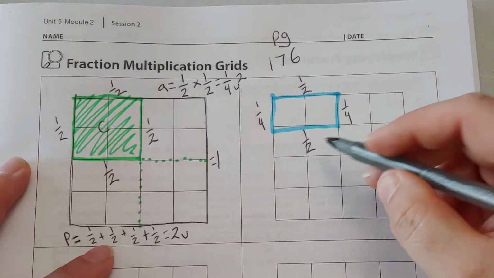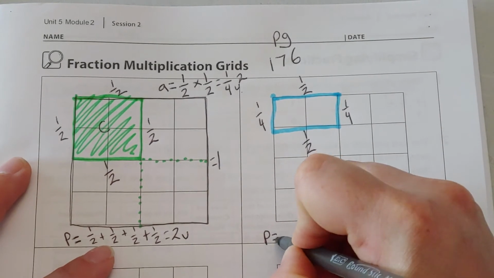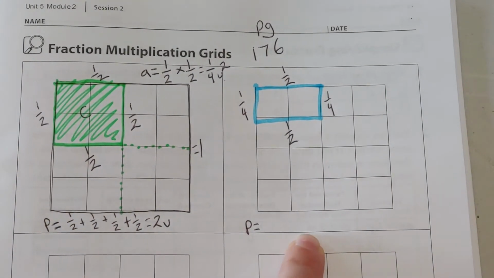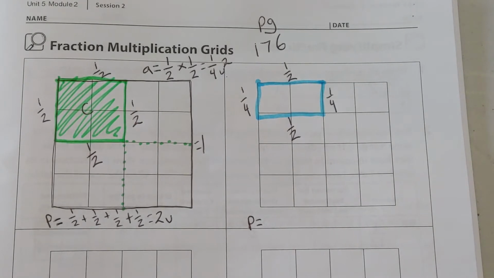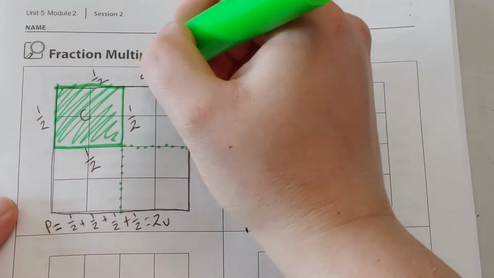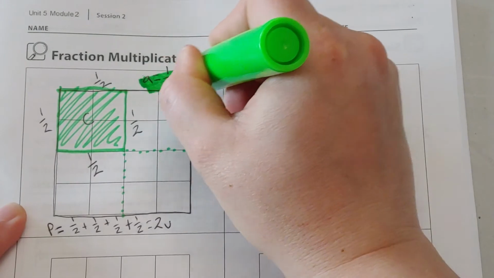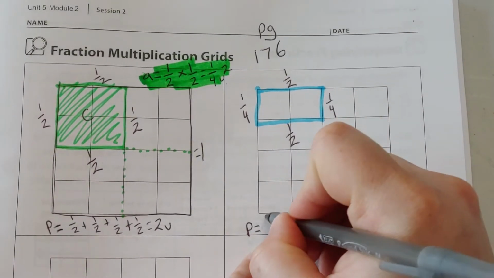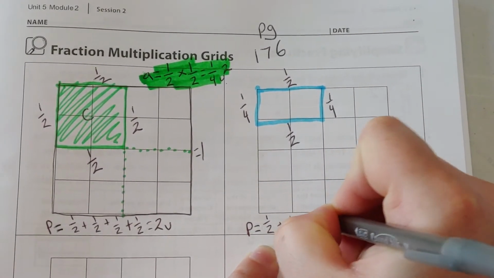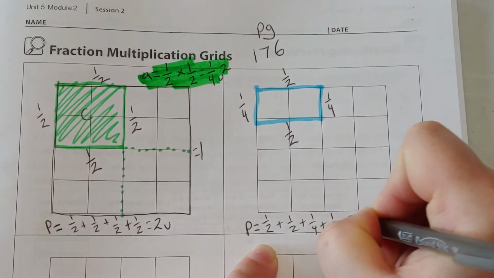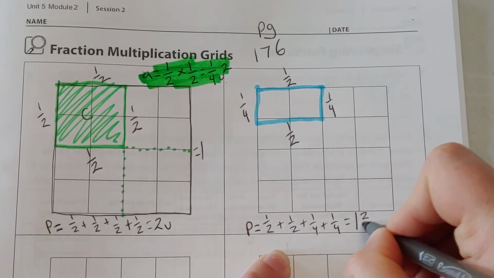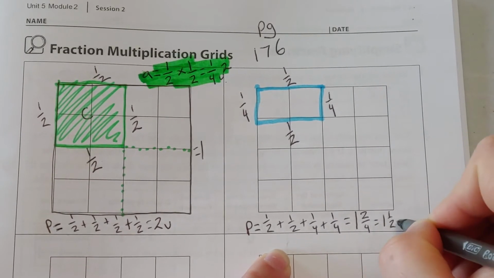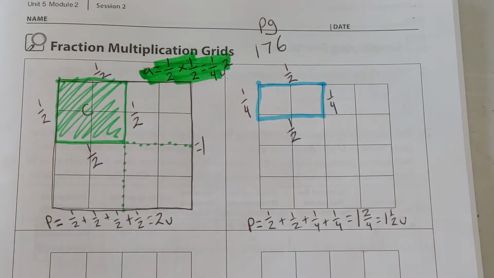Again, today we're really focusing on area, but let's do a little bit of perimeter review because we can. Find me an equation and an answer for the perimeter of this figure. All right, so we have 1/2 plus 1/2 plus 1/4 plus 1/4. Right, there's 1 and 2/4, 1.5 units.